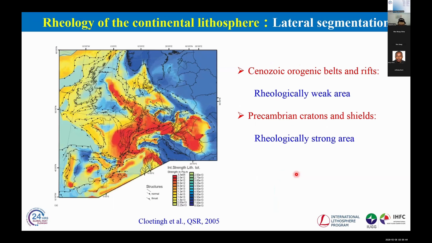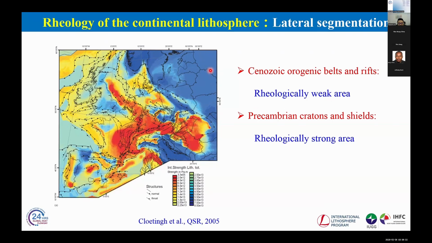So how about the European case? This work was finished by Professor Cloetingh in Quaternary Science Reviews in 2005. We can also see the rheology shows an obvious lateral segmentation, which means different tectonic blocks have different rheology. For the East European Platform, the rheology is quite viscous, which means a strong area, while for the Rhine Graben or the Alpine orogenic belt, it is quite weak.